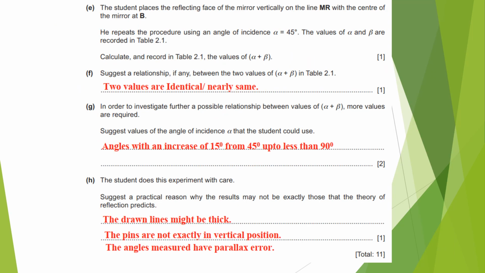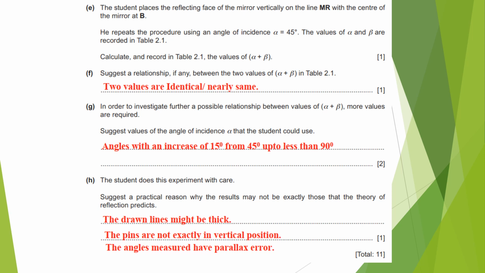Question E. The student places the reflecting face of the mirror vertically on the line MR with the center of the mirror at D. He repeats the procedure using an angle of incidence alpha of 45 degrees. The values of alpha and beta are recorded in table 2.1. Calculate and record in table 2.1 the values of alpha plus beta.